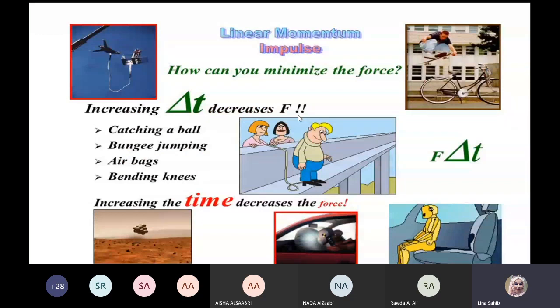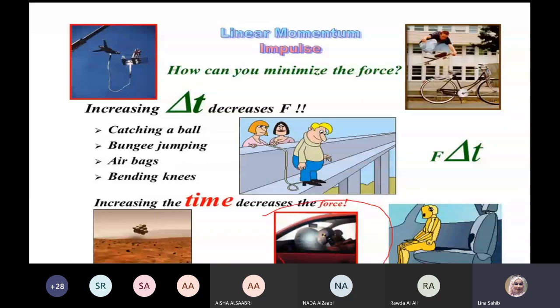Not to avoid the accident, but to save the life of the driver during the accident. Can you see this photo at the end of the slide?